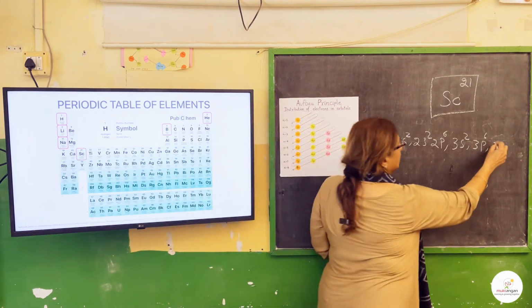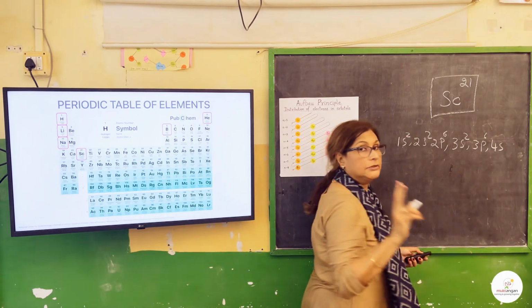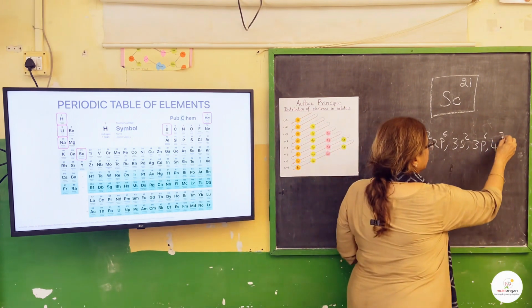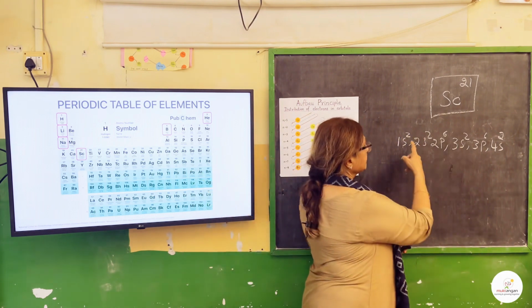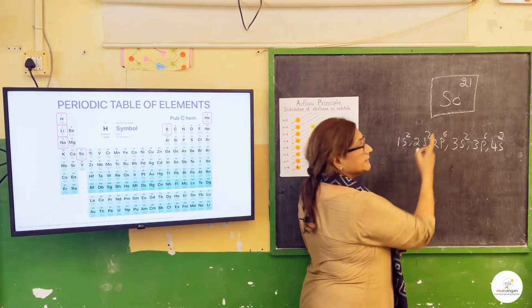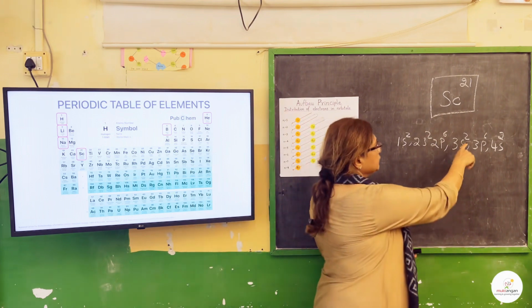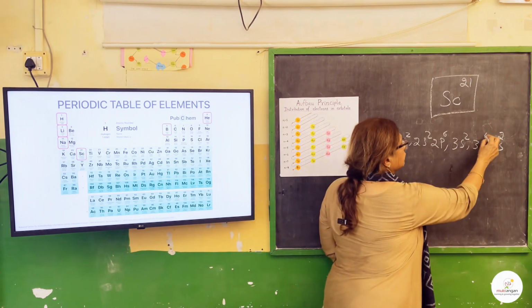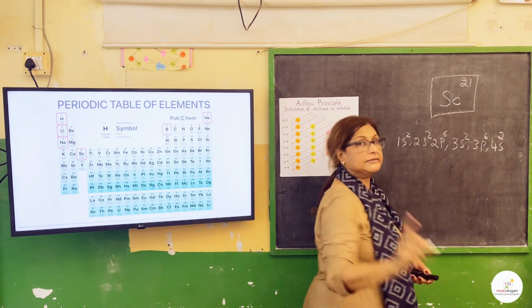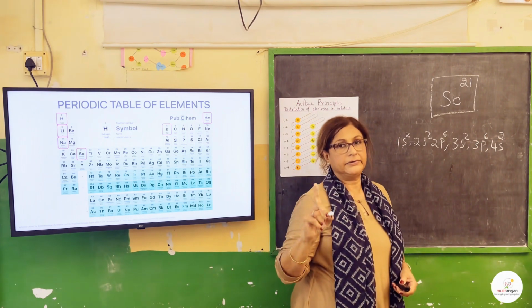S block, 4s can hold 2 electrons. But now the next one, how many electrons? Let's count. 2 and 2, 4, plus 6 is 10, plus 2, 12, plus 6, 18, plus 2 is 20. So still 1 extra electron remaining.